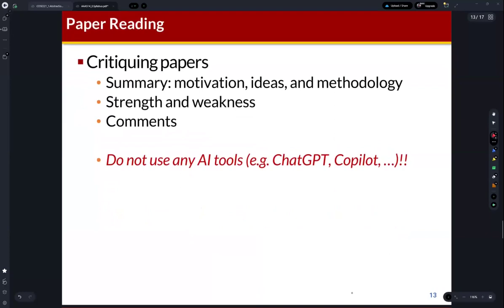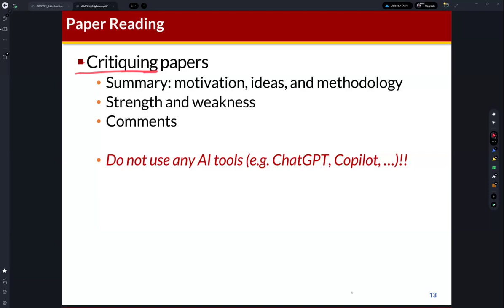Okay, paper reading. I will provide 6 to 7 paper critic assignments. Critic means critique.